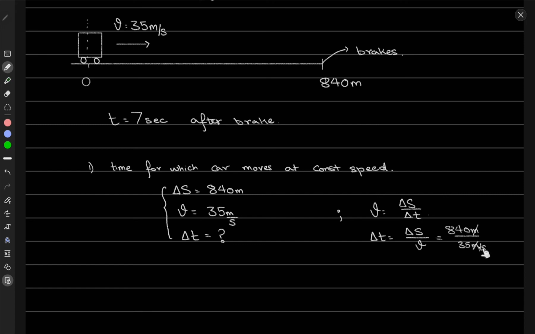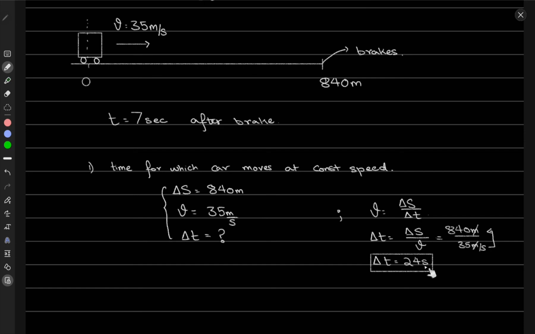So meters and meters cancel, and this second will come upstairs, and this gives me delta T, by doing the math, as 24 seconds. So it takes 24 seconds for the car to remain at this constant speed. So the car was really moving at this constant speed of 35 meters per second up until this point for 24 seconds.